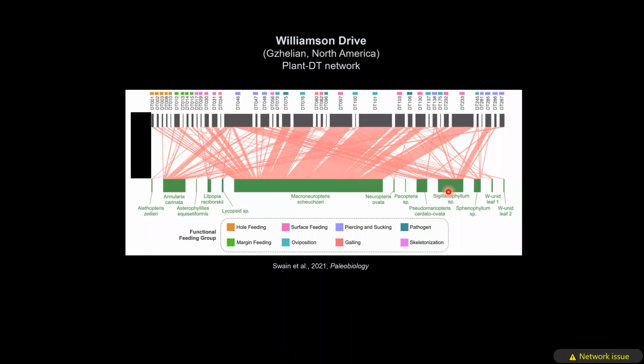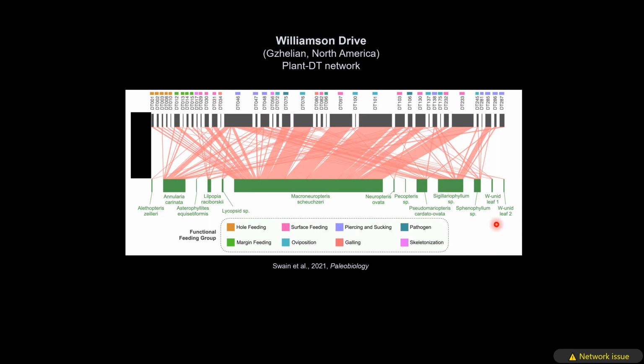So the green bars we have here on the bottom are our species of leaves. This is one of our node classes. And on the top here, we have our damage types, which correspond to our key here, the functional feeding groups of leaf damage, such as galling, oviposition, margin feeding, leaf mining, and things like that. So this is a snapshot in time where we have different species of leaves and how different damage types are interacting with them.